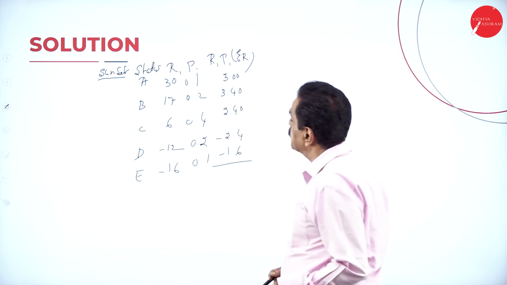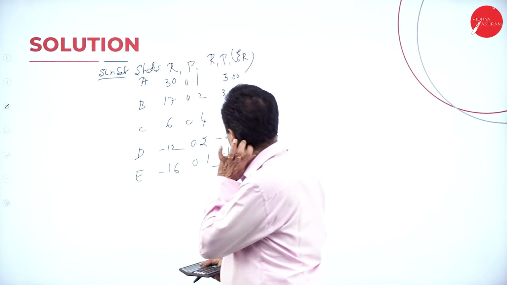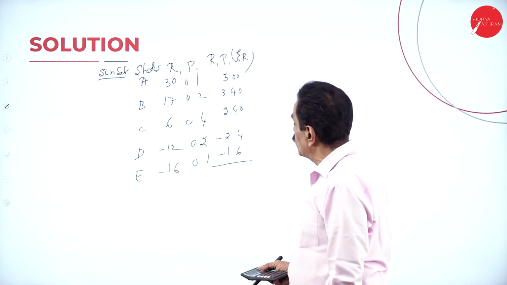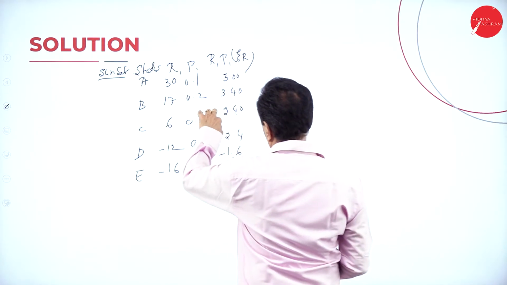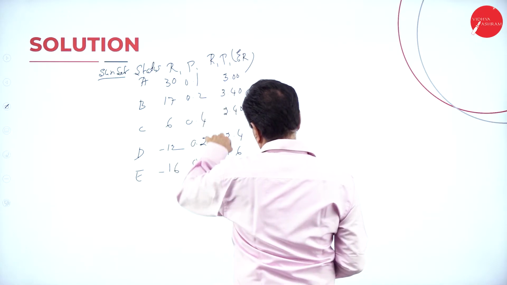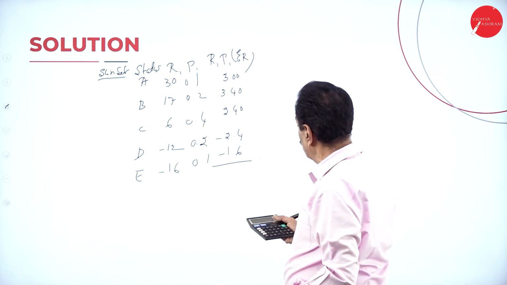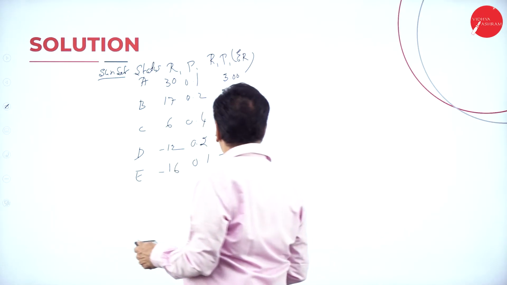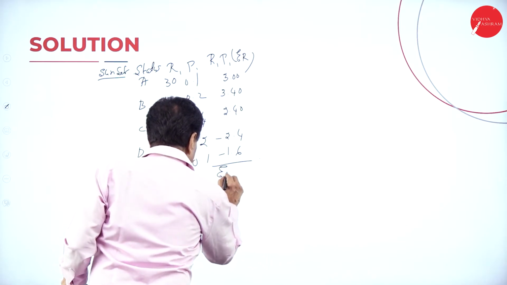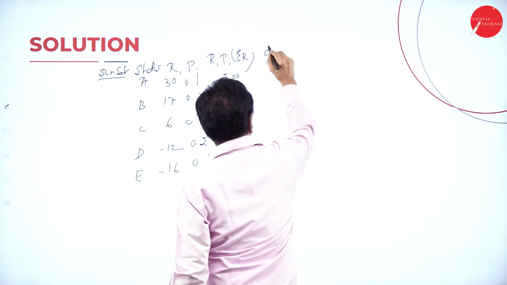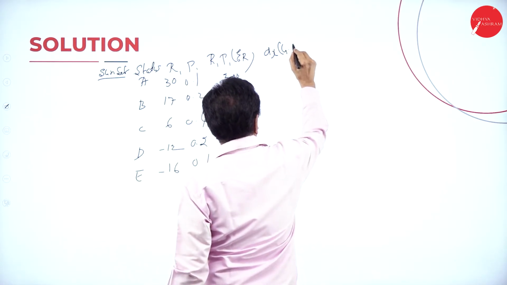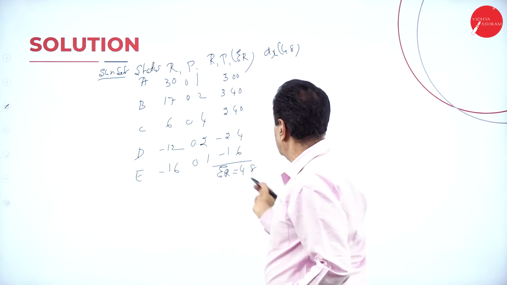The 2.4 and minus 2.4 cancel out. So 3 plus 3.4 minus 1.6 is 4.8. Expected return is 4.8. Then dx in the bracket, 4.8.